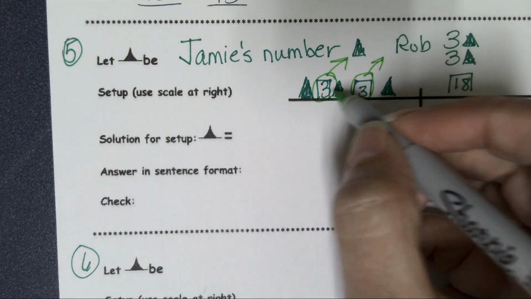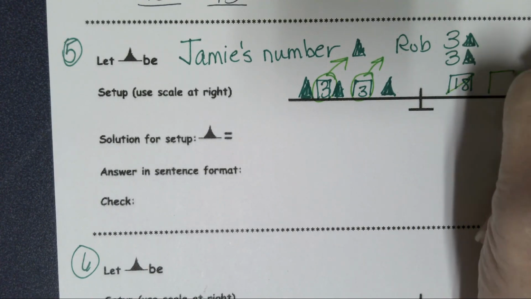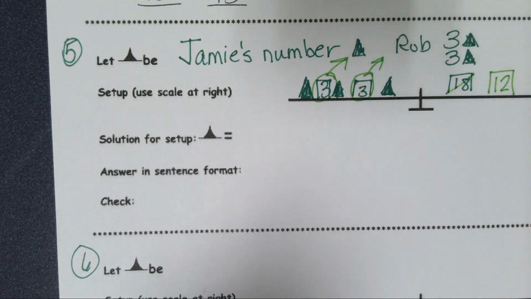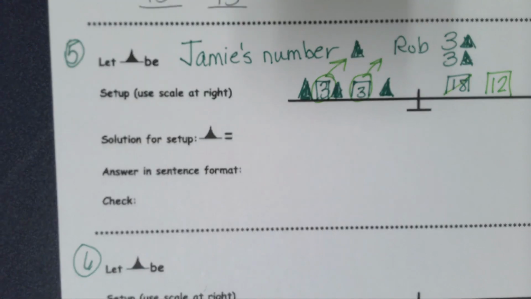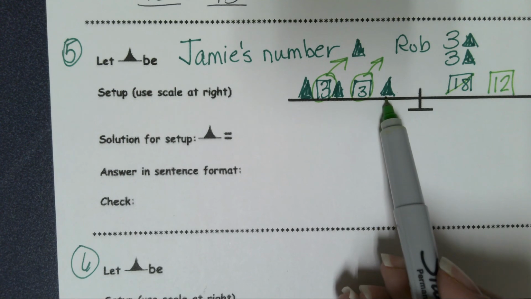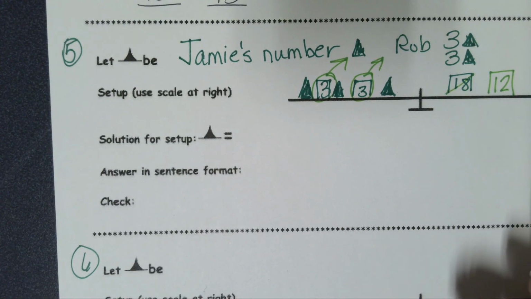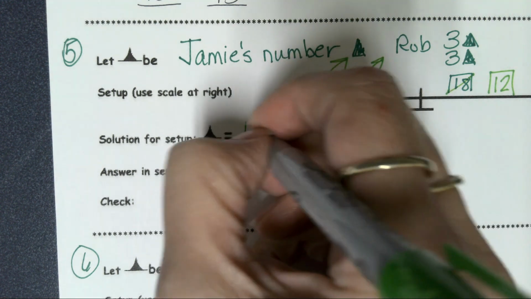So if we take away 3 and 3, which is 6, that means our 18 is going to lose that 6 and become a 12. So now we have 1 pawn, 2 pawn, 3 pawns, and 3 pawns equals 12. 3 times what number is 12? That's right, that's 4.